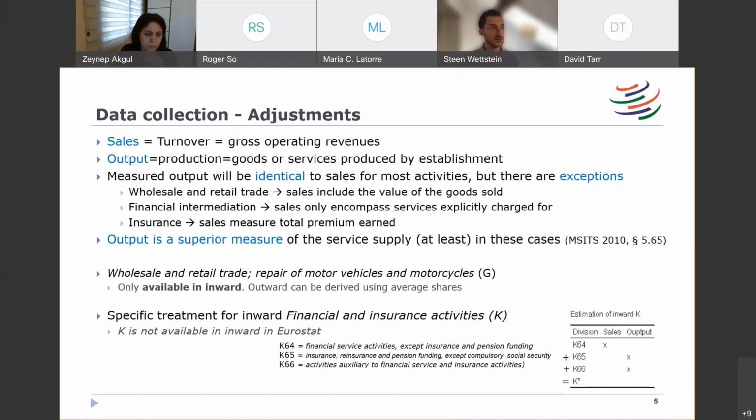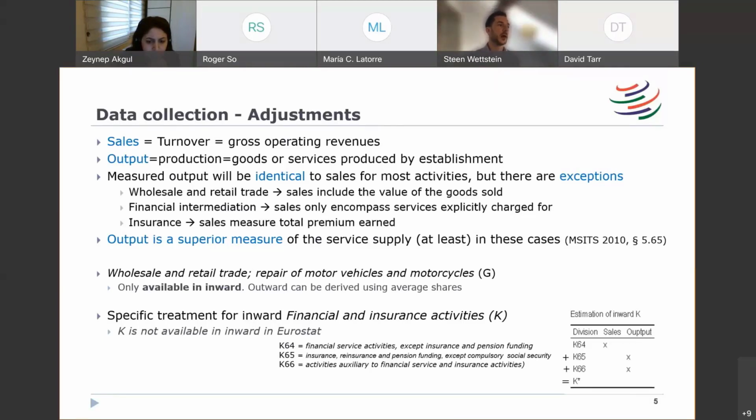Rather, when you look at output, you will see that the goods and services are produced within the specific establishment, but this will only include the value of those services without the goods, for example, in some industries.